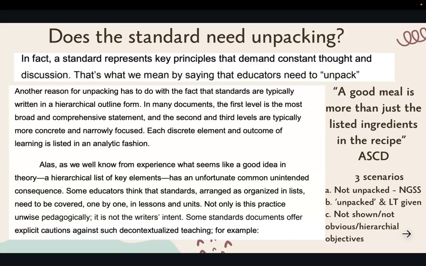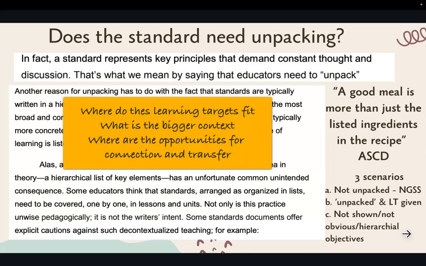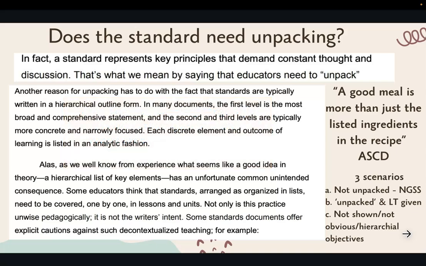What is the bigger context that they fit in, right? So look at those enduring understandings, look at those essential questions, right?